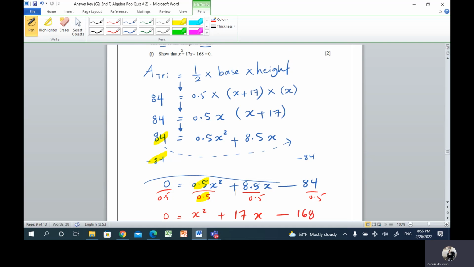Let's look at the equation. Is it matching? x squared plus 17x minus 168, and that is the equation that they asked us to form.